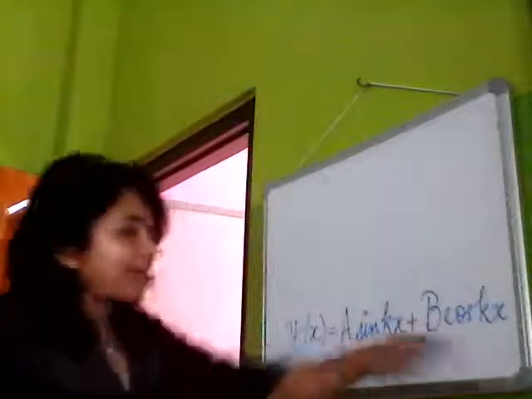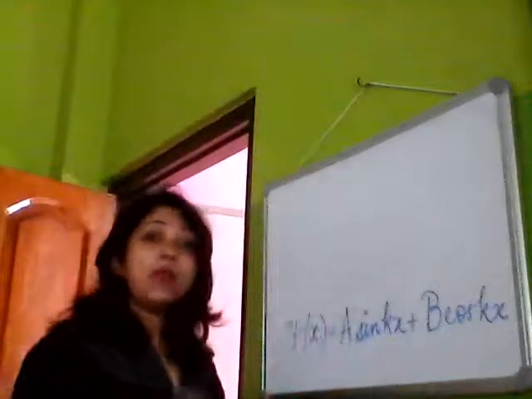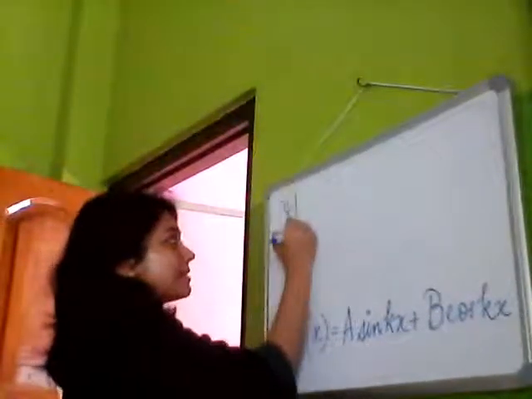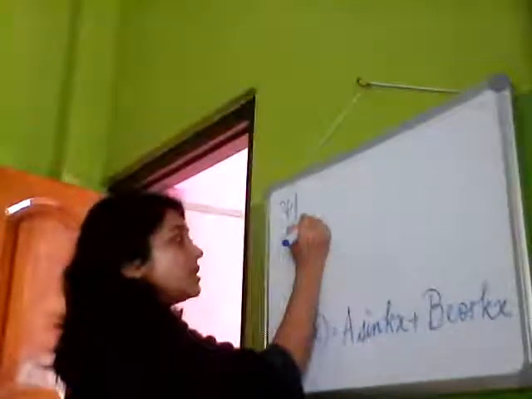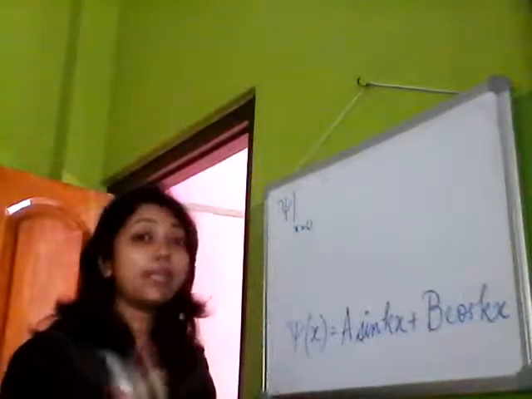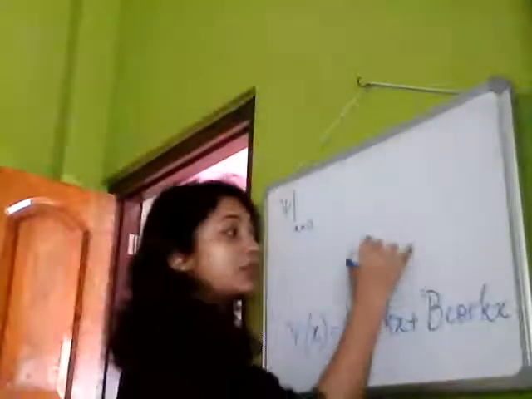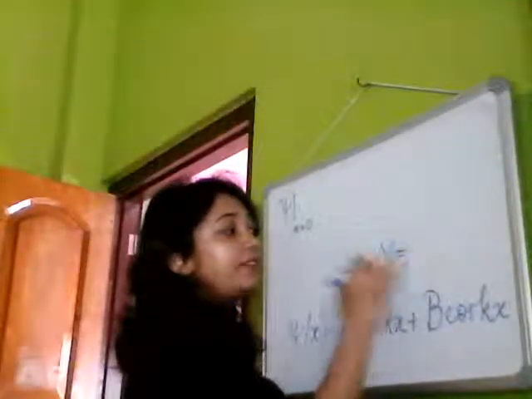What I am asking all of you to do now is let's put the value of x equal to 0. Reminding you about the boundary condition, what did we define V as?